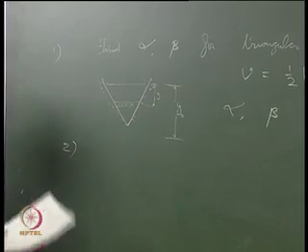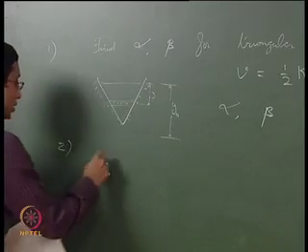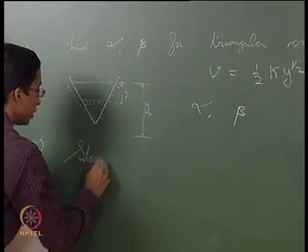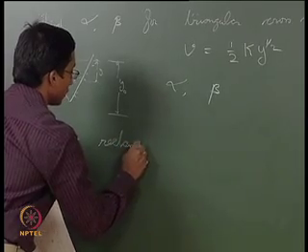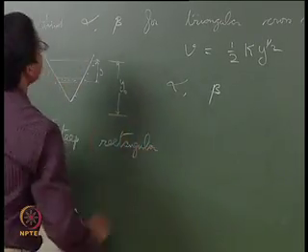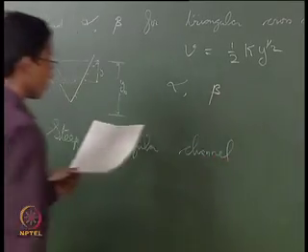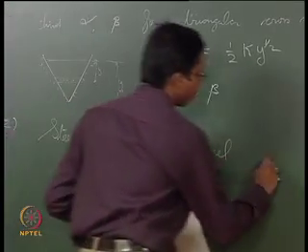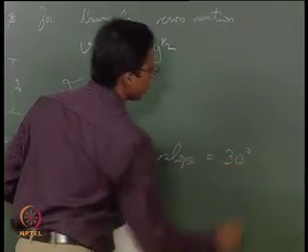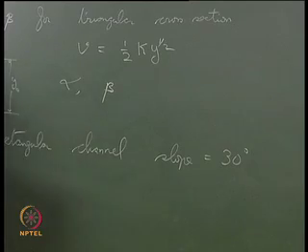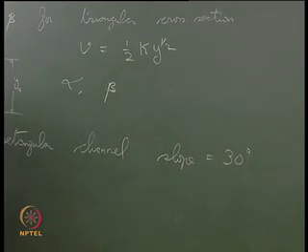The next question is, suppose a steep rectangular channel is there, slope equal to 30 degrees with the horizontal. Please note that slope is 30 degrees with horizontal.